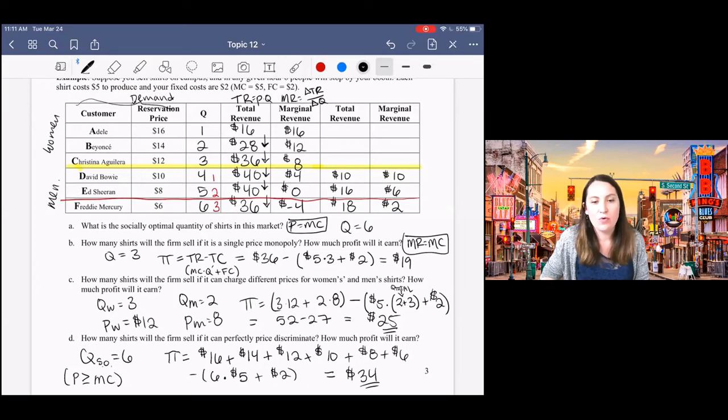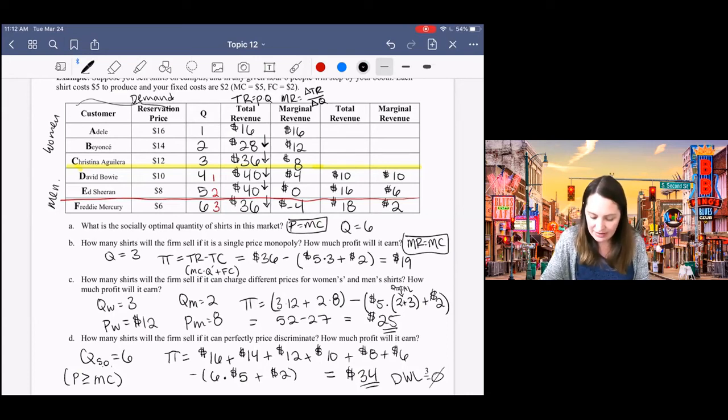The other thing that's important to note here is, what about surplus? What about economic surplus? So economic surplus is going to be highest in the case where we have perfect price discrimination, because this is the socially optimal quantity. It has the most trades, it will yield the most surplus. Now, all of that surplus is going to the producer, but it will yield the most economic surplus. So in this case, your deadweight loss would be 0.